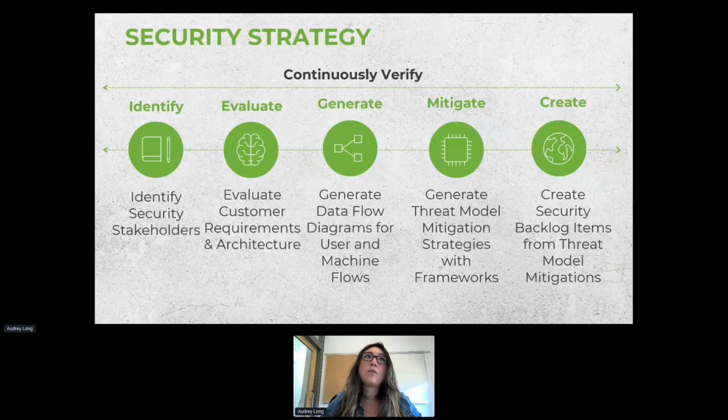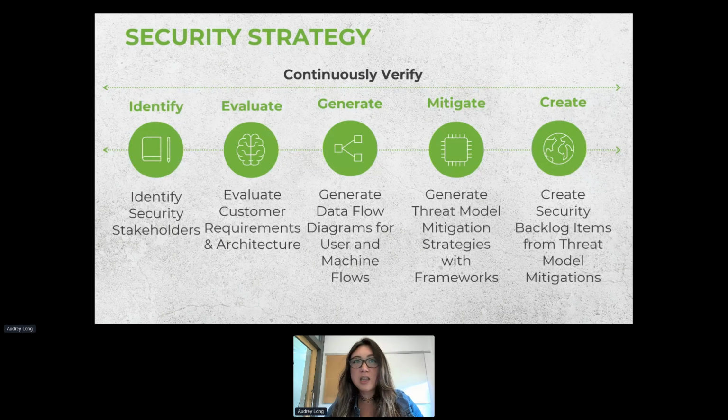All right, so we just went over at a high level the security strategy that I like to look at when going through and creating those threat models. So let's just look at it at a high level before we go on to the next section, which is actually threat modeling the Death Star. So first phase is to identify the security stakeholders.